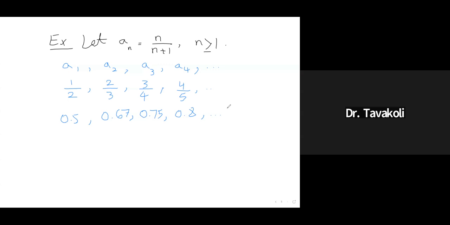But we can try bigger n's and see what values the fractions will realize. And it turns out the limit of n over n plus 1 as n tends to infinity equals 1. If something like this happens, that for a sequence the limit is a finite number, in this case that finite number is 1, the sequence is convergent.